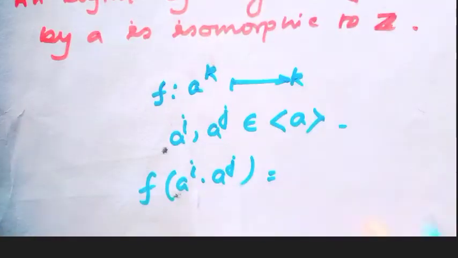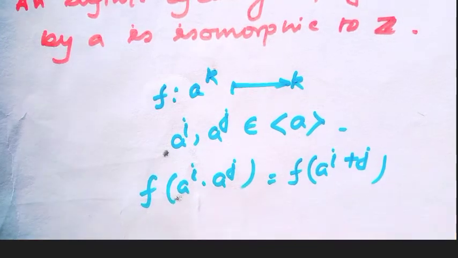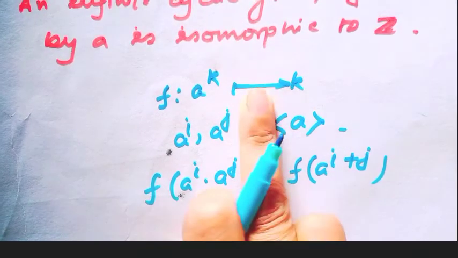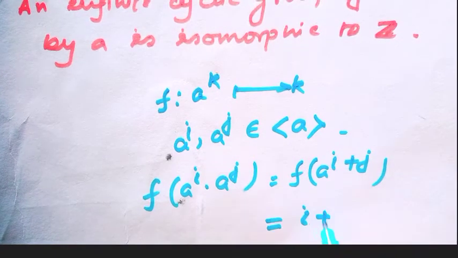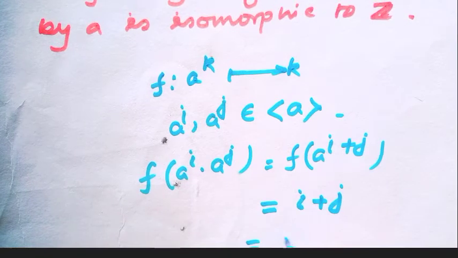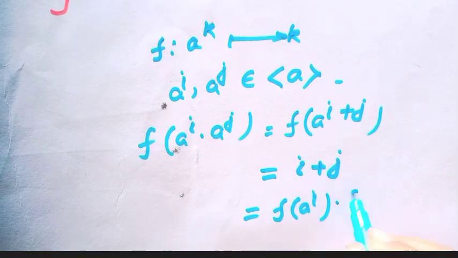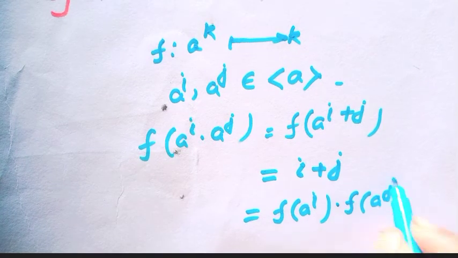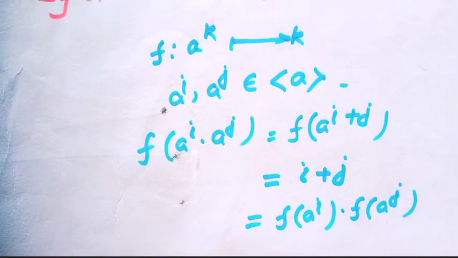This is equal to f of a^(i+j), which by construction is equal to i plus j, and this is the same as f of a^i plus f of a^j. So this mapping is always a homomorphism.